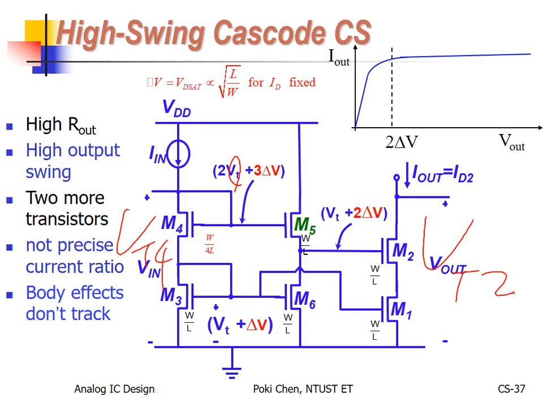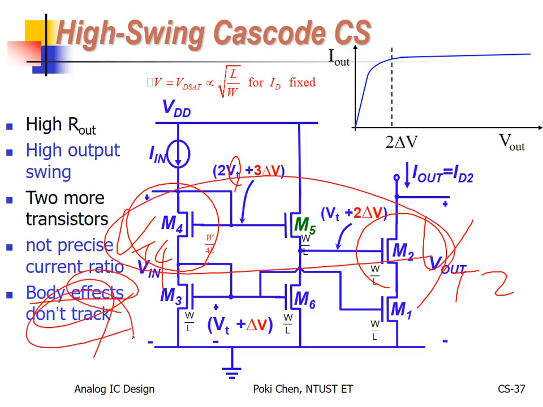Then you need to track the body effect of M2 to M4. You need to make them exactly the same. But how to make it? That is another story. So the body effect of those transistors, they don't track each other, which means they are not exactly the same.